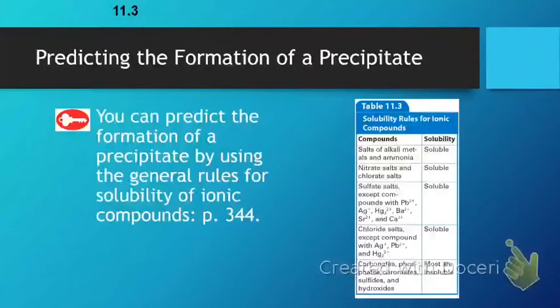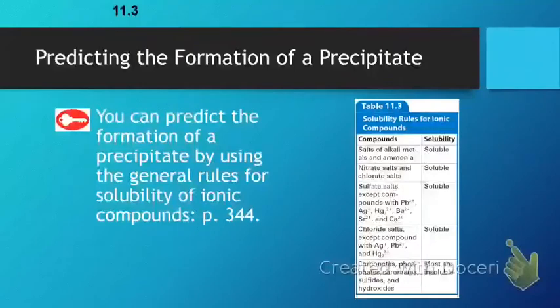You are probably wondering, how did you know that the iron hydroxide was going to form the precipitate and the potassium chloride was going to be the spectator ions? Okay, we learn all this from the solubility rules for ionic compounds.